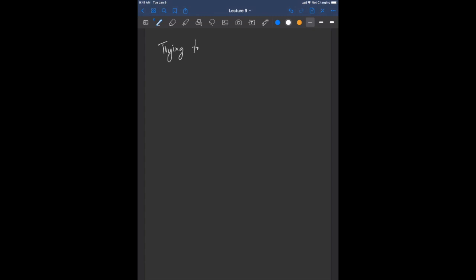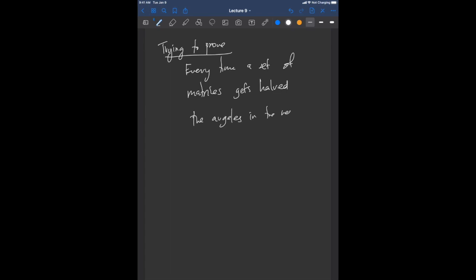Prove: every time a set of matrices gets halved, the average degree in the new set is at least half the original.